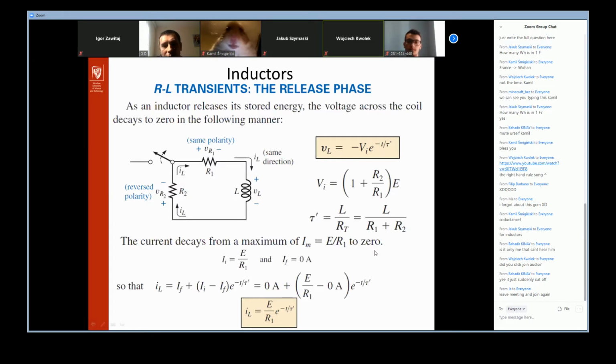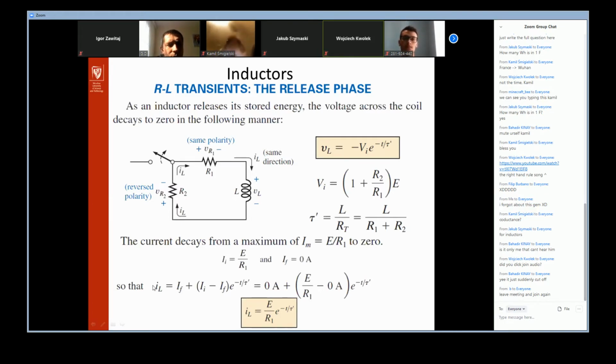So that's why we can observe the induced VL across the coil, and the current starts flowing in the closed loop. This current IL, as you see, is given by that formula.